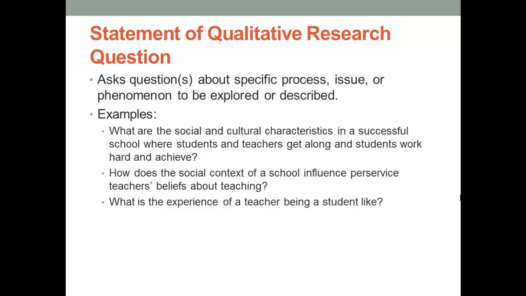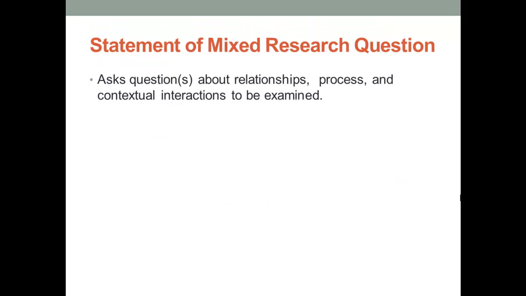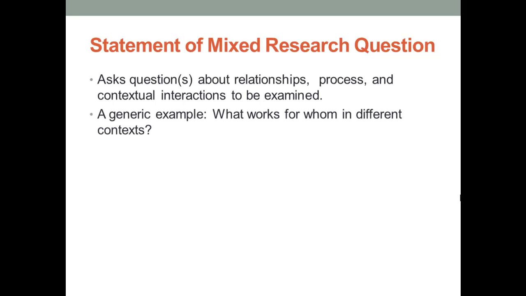Or another example, what is the experience of a teacher being a student like? In mixed research, research questions might ask about relationships, process, and contextual interactions that might exist, such as what works for whom in different contexts.